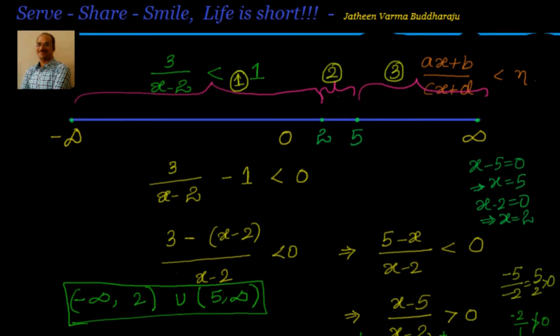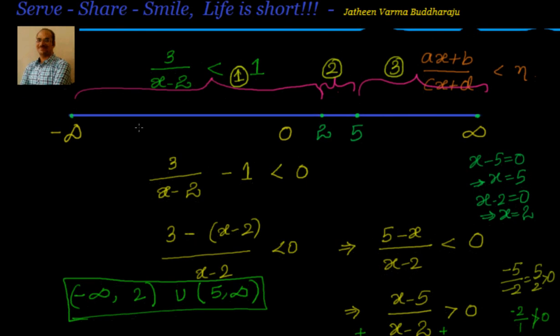So how does your solution look? The solution looks like this. Let's try to mark minus infinity to 2, I'll just mark a circle only because I know that they are open. So 5 to infinity is one part of the solution set. So this is part of my answer, and another part is starting from minus infinity to 2.